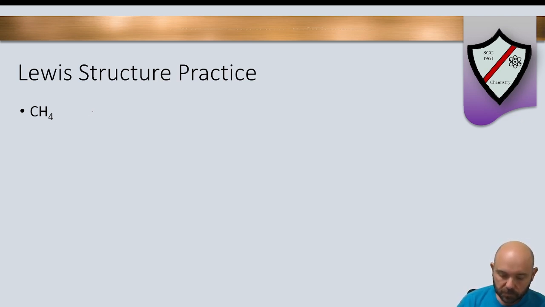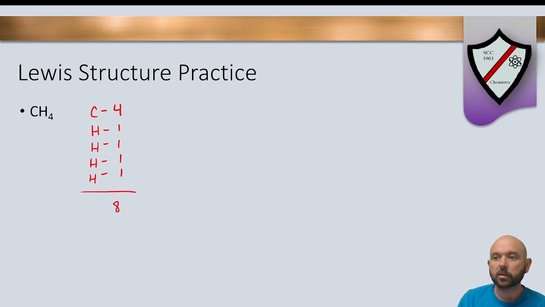Carbon, if we look at its position on the periodic table, has 4 valence electrons, and we have 4 hydrogens that each bring 1 valence electron. So we now can see we have 8 valence electrons with which to build our molecule.